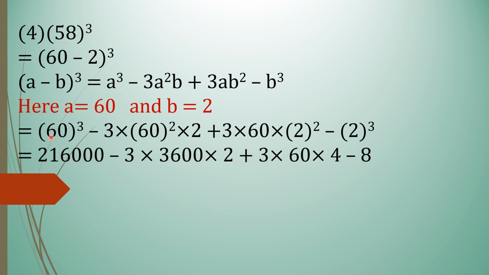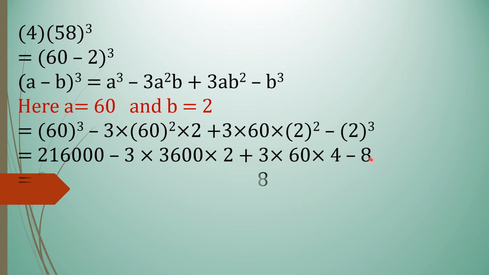60 cube equals 216000. You can multiply 6 into 6 into 6. So 6 cube will give you 216 and the 3 zeros you have to keep as it is. Minus 3 into 60 square will become 3600 into 2, plus 3 into 60 into 2 square will become into 4, minus 2 cube will become 8.